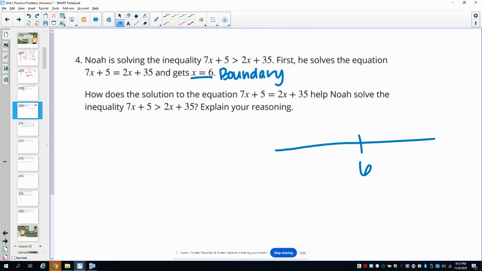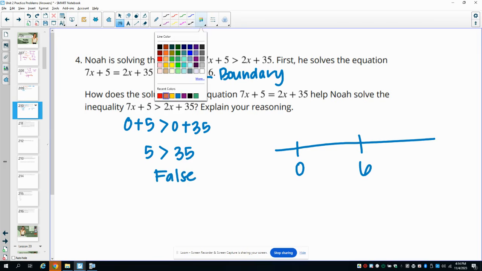Now if we just plug in a number that's lower than 6, we can find out if the numbers below here are part of our solution, or if we want the numbers above 6. So let's plug in x equals 0. We get 0 plus 5 on the left, and we get 0 plus 35 on the right. So this is saying that 5 is greater than 35, and that is a false statement.